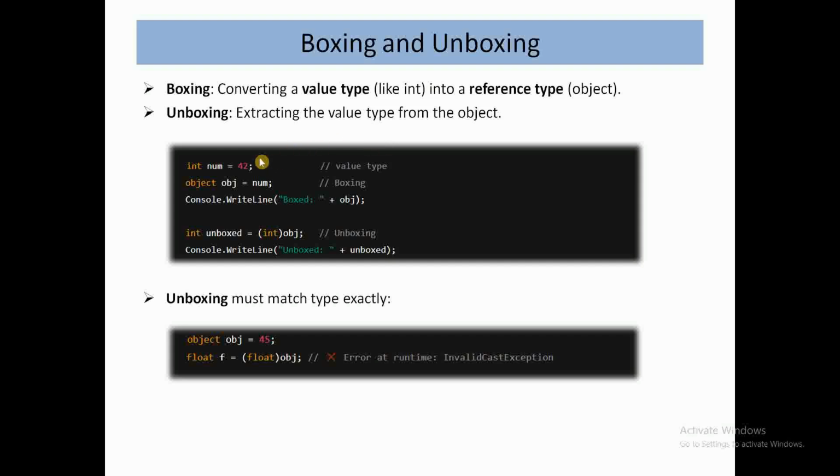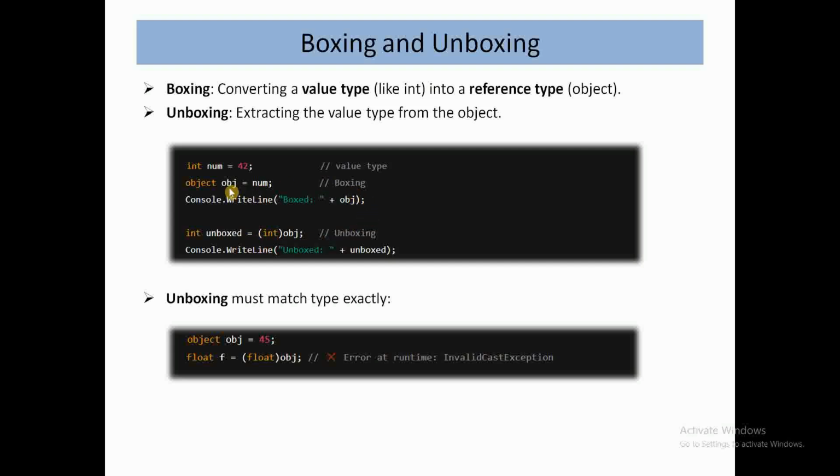So let's see an example on these topics. First we have a value type, that is integer, and boxing. If we directly put that integer value into an object, that is the boxing concept. And if we want to unbox it, then we can typecast this value and put this object value into int, but with the typecast only. Without typecasting it will give us a compile time error.